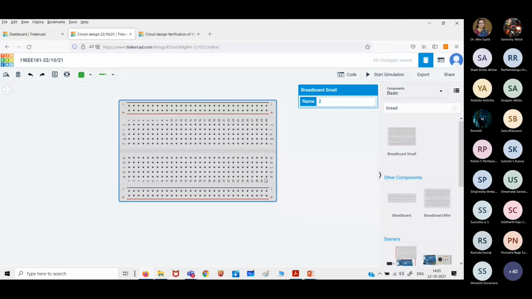It means that these 5 points, 1, 2, 3, 4, 5, only these 5 will have a single connection. It doesn't mean all the 10, unlike these horizontal connections. That is why they have given a divider here in between, which will help you connect even bigger components like ICs. Because if you connect both up and down, the entire IC will get shorted. That is why we have a divider.